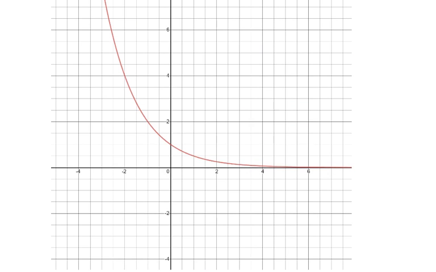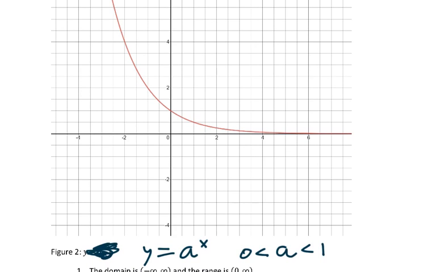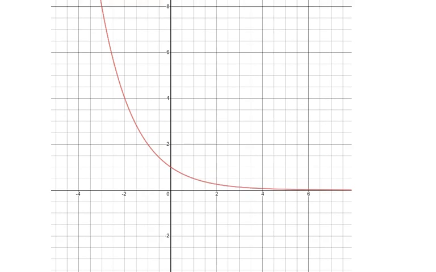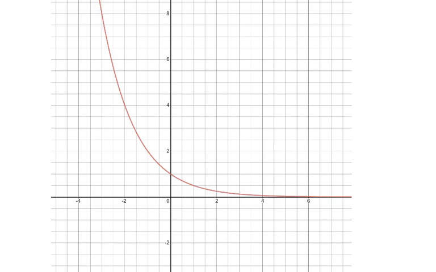So just like before, the domain is all real numbers. And just like before for when a is greater than 1, the range is all positive real numbers as well. So in either case, the domain is all real numbers and the range is all positive numbers.